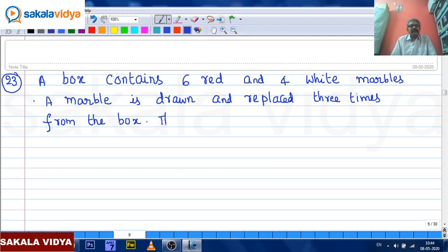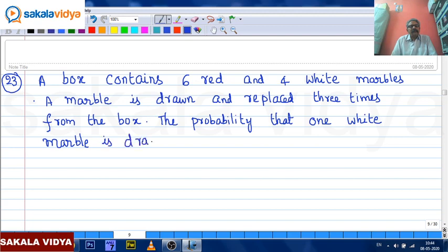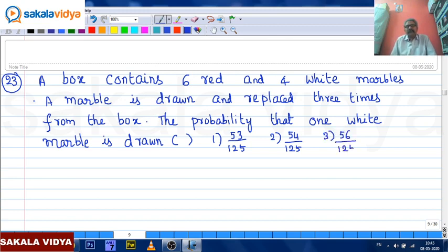The probability that one white marble is drawn is? First option 53 by 125, second option 54 by 125, third option 56 by 125, fourth option is 52 by 125.